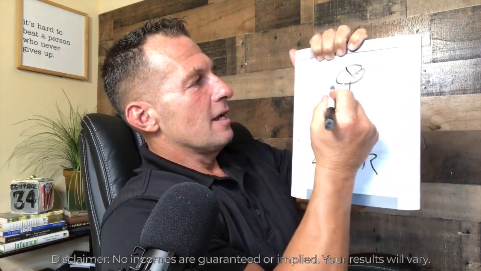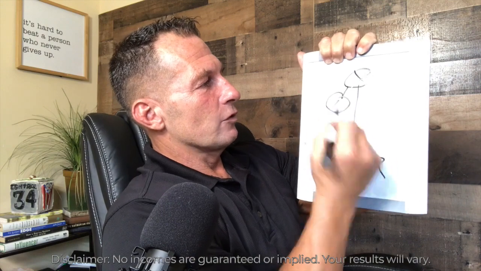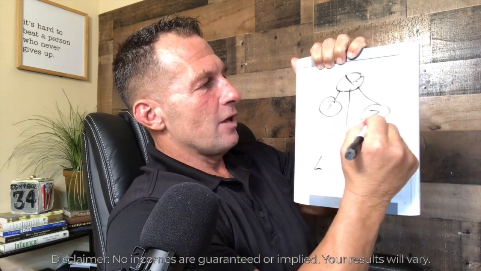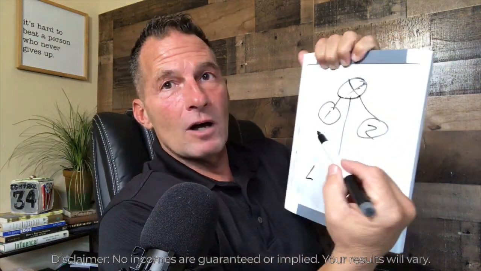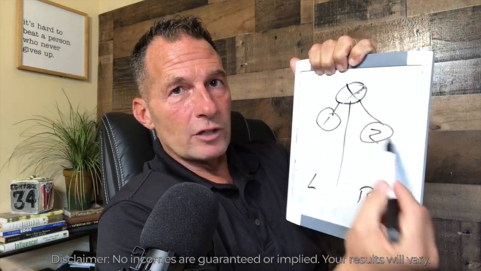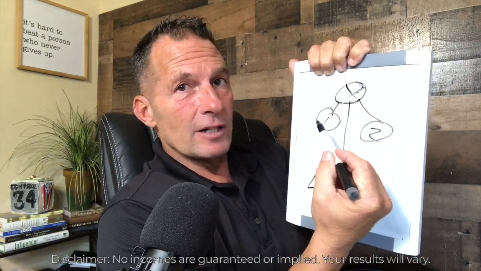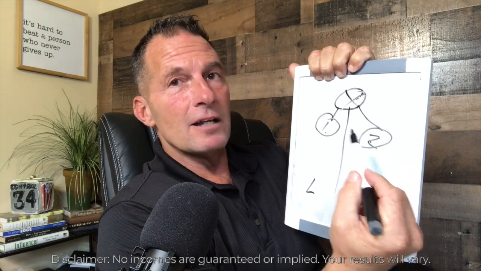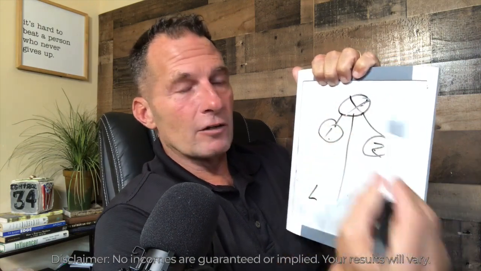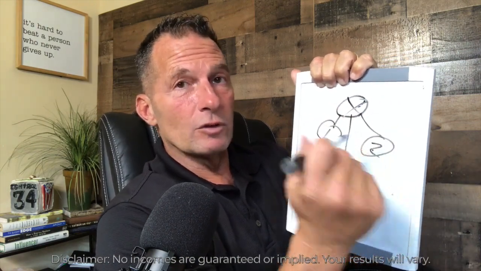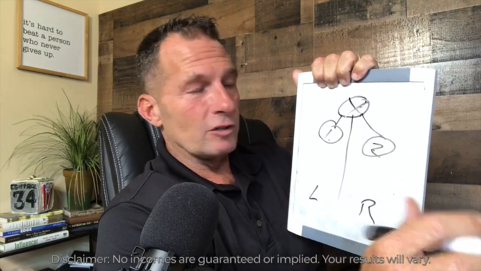If you personally enroll your first one there and your second one there, you're now qualified for your dual team. Basically, you have to have somebody on your left side and somebody on your right side at the 115 or higher to be qualified and eligible to receive the team commissions.